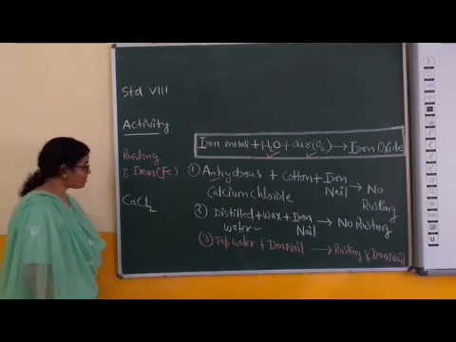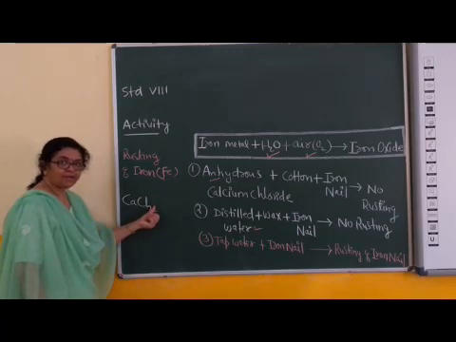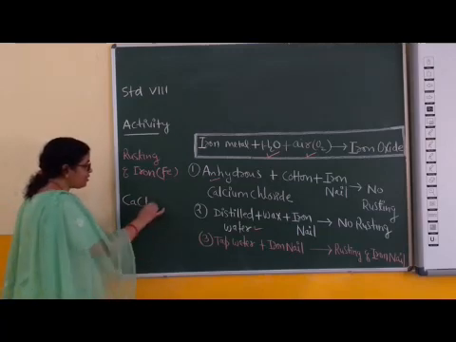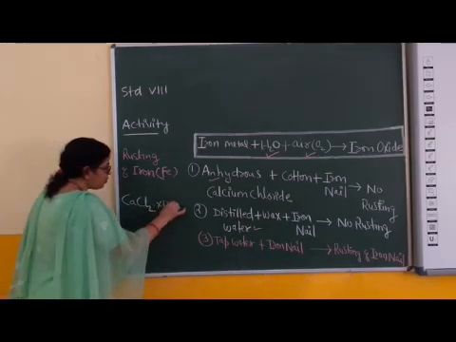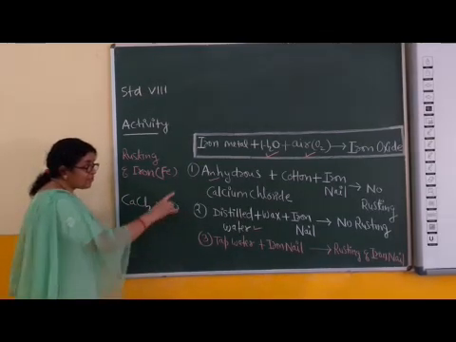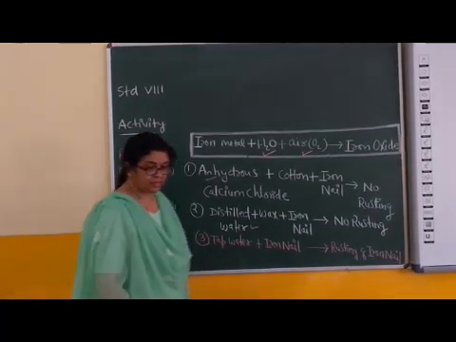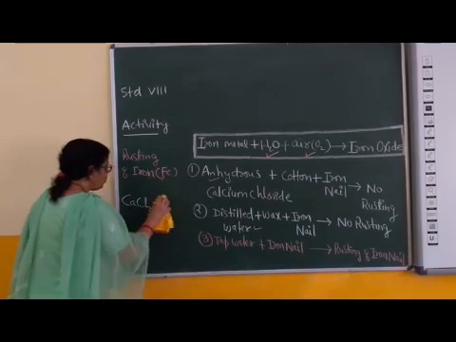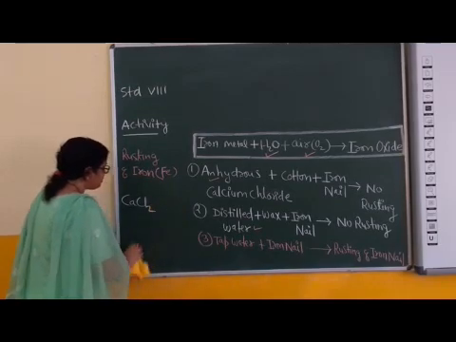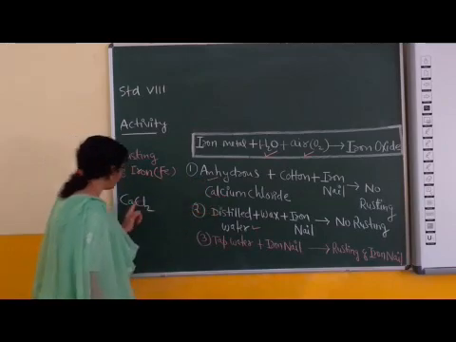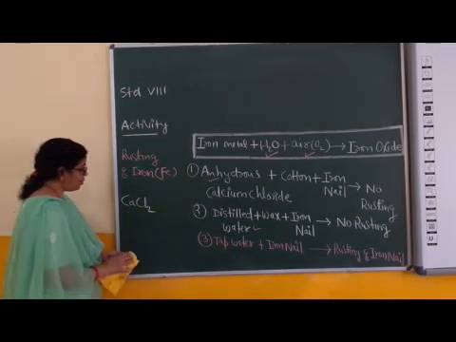And hydrous means with a fixed number of water molecules. For example, CaCl2 dot XH2O. This is hydrous. But for this experiment, for the study of rusting, the type of calcium chloride is only anhydrous, and the formula of calcium chloride is CaCl2. Okay children?